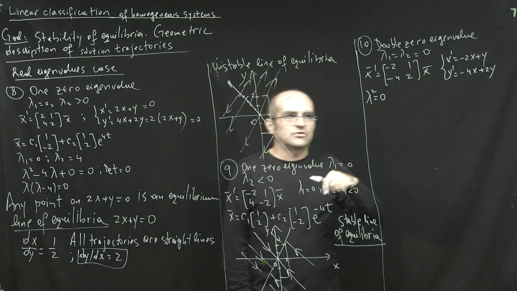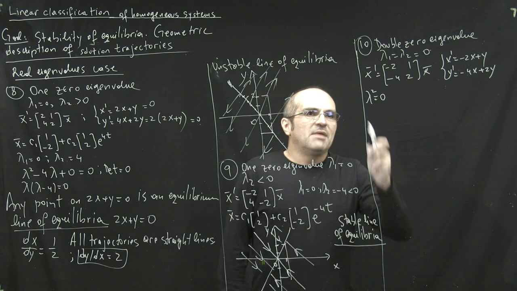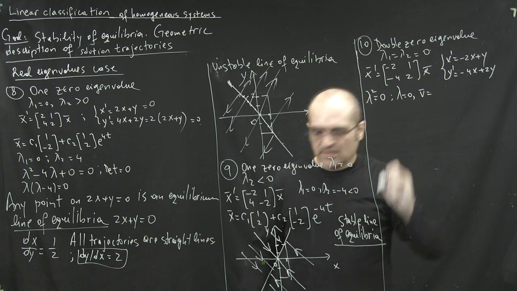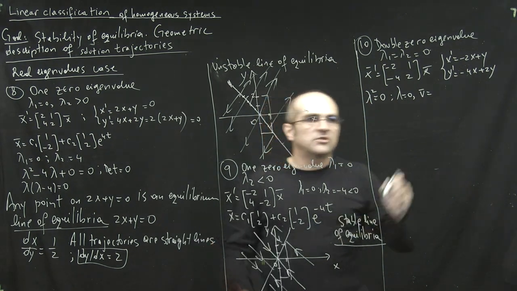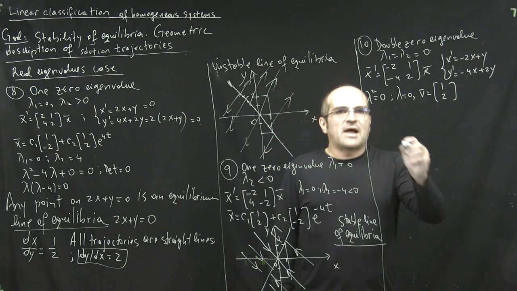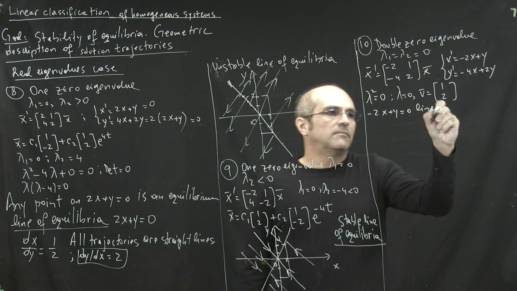So the formula for the solution will be the same. Let me emphasize here the eigenvector. For lambda equals 0, the single eigenvector you will get here is going to be (1, 2). And of course, -2x plus y equals 0 is the line of equilibrium.